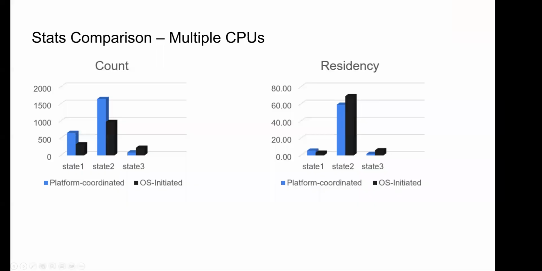The coordinated versus initiated thing here is just about who chooses to actually enter that last idle state. Yeah, so do you think a typical notebook running Windows is OS initiated or platform coordinated? If it's using PSCI and it's running Linux, it is using platform coordinated mode.